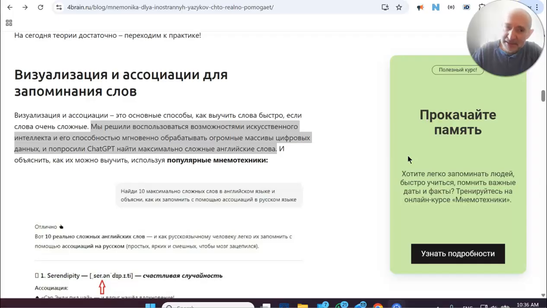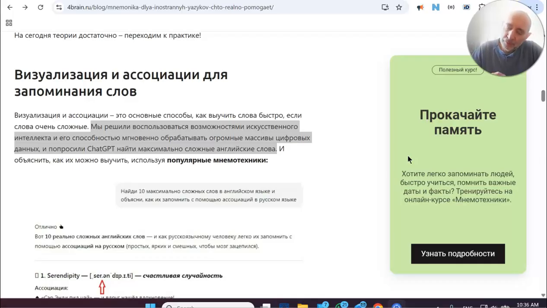Мгновенно means immediately. So please underline, write it above. Мгновенно, immediately or in a moment. Because it comes from мгновение, which is an instant. So мгновенно basically means in an instant. Обрабатывать, to process. Огромные массивы, so огромные, giant.